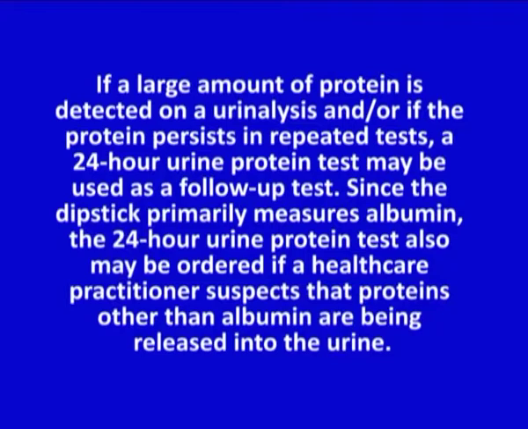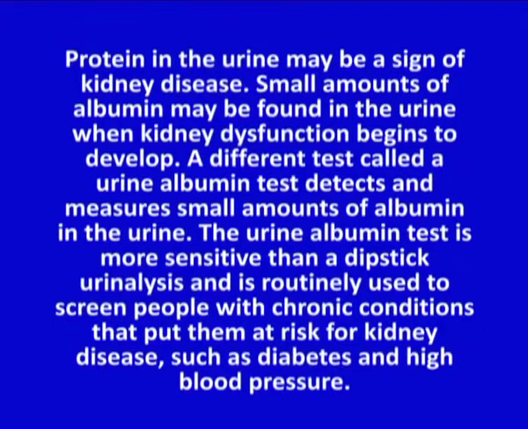Since the dipstick primarily measures albumin, the 24-hour urine protein test also may be ordered if a healthcare practitioner suspects that proteins other than albumin are being released into the urine. Protein in the urine may be a sign of kidney disease. Small amounts of albumin may be found in the urine when kidney dysfunction begins to develop.